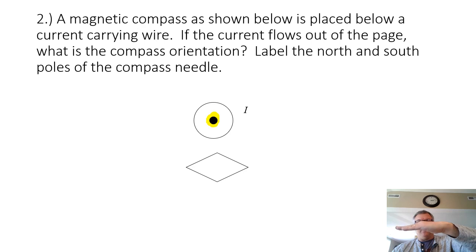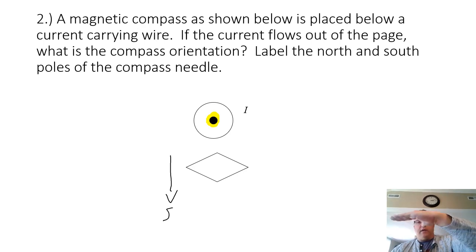if I curl my fingers around, it's going to show me the direction of the magnetic field. So as I curl my fingers down, I know on the left-hand side that my magnetic field is going to be pointed downward. So my magnetic field is going to be going downward, or to the south.